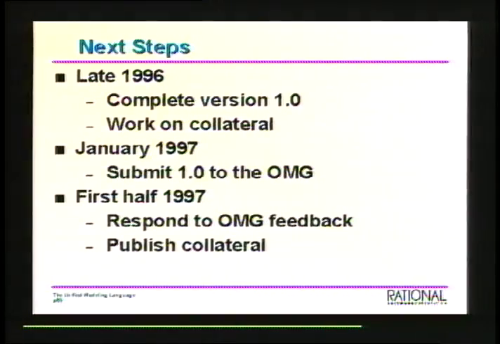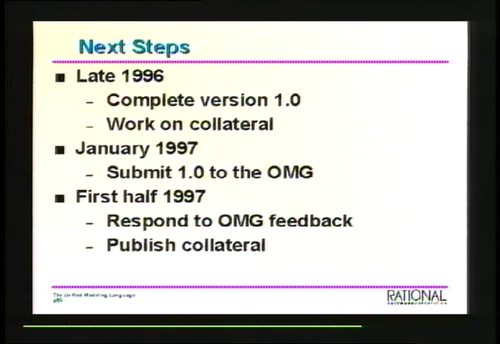So now I'll just tell you a little about where we are. Late this year, we'll produce version 1.0 of UML, and we are working on the collaterals right now.